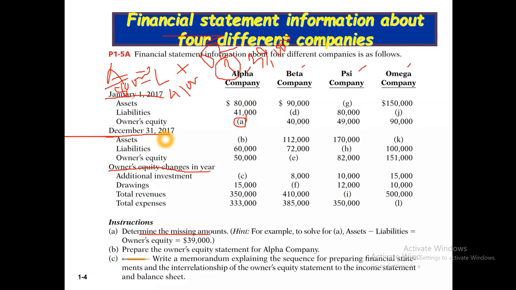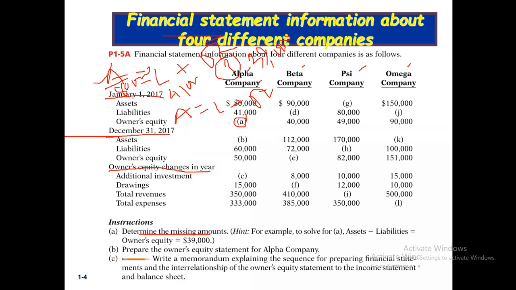Number two, December 31st, where we have a missing asset figure. So the same formula we can use: asset equals liability plus owner's equity. Earlier we calculated the opening, now the closing figures. So asset is the missing figure.